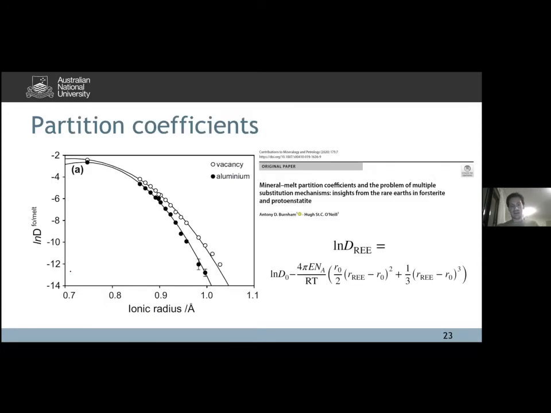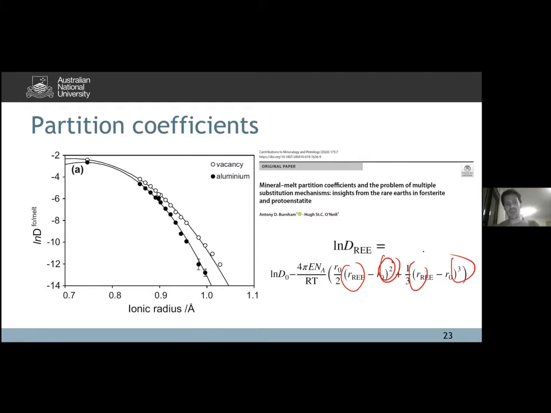And to do that, let's have a look at partition coefficients. So here are some partition coefficients for the rare earth elements between forsterite and silicate liquid. And partition coefficients can be parameterized using the lattice-strain model of Blundy and Wood, in which we have a radius squared term and a radius cubed term, which looks very similar to what we have with the lambdas.